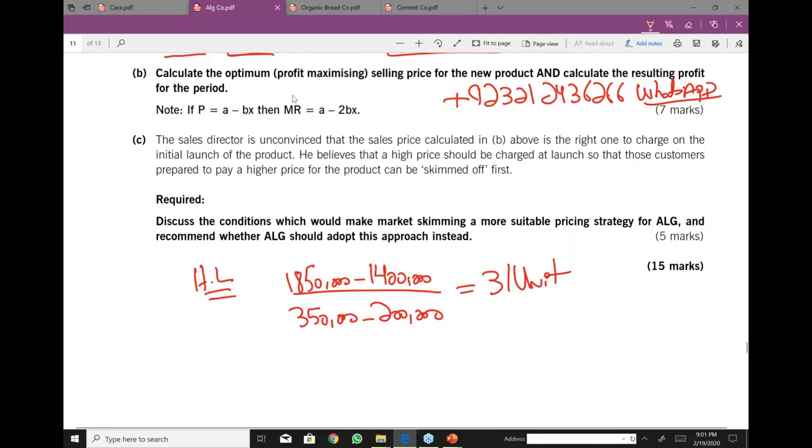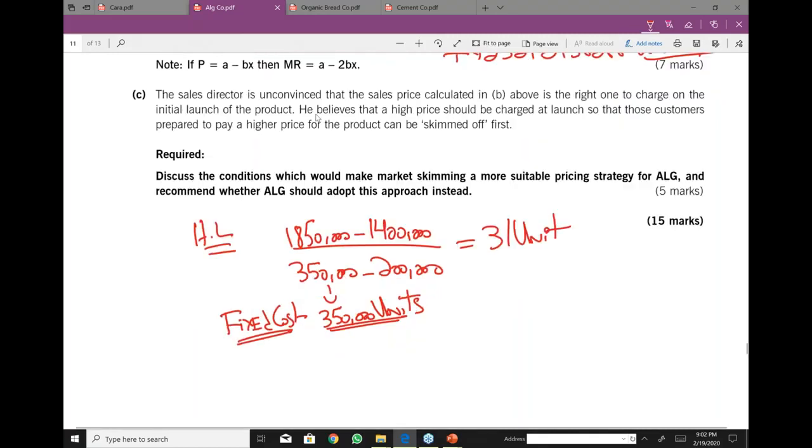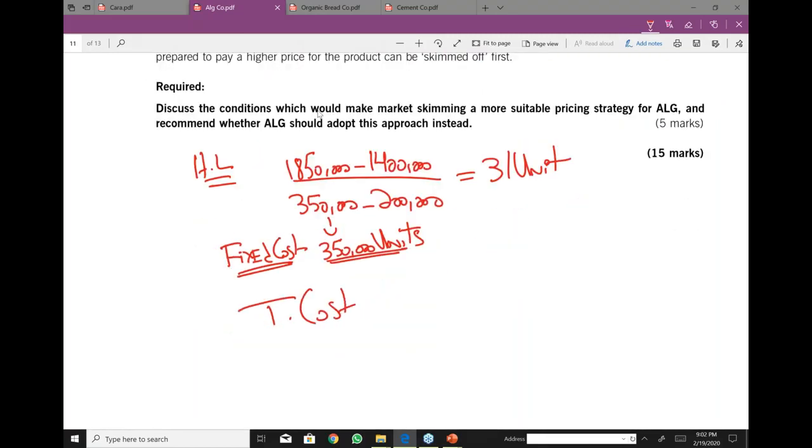And now let's find out the fixed cost here. For fixed cost, you all know that you either choose highest or lowest. So let's choose highest here, 350,000 units, and let's work out the fixed cost. Let's start with total cost. The total cost is 1,850,000, and from this let's deduct the variable cost.